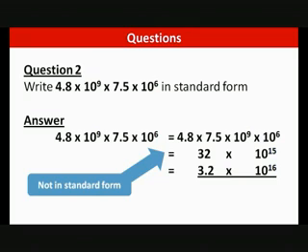And to balance that, I've made the second number 10 times bigger. So instead of 10 to the power of 15, 10 to the power of 16. So our final answer is 3.2 times 10 to the power of 16, and that's in standard form because it's a number between 1 and 10 multiplied by a power of 10.